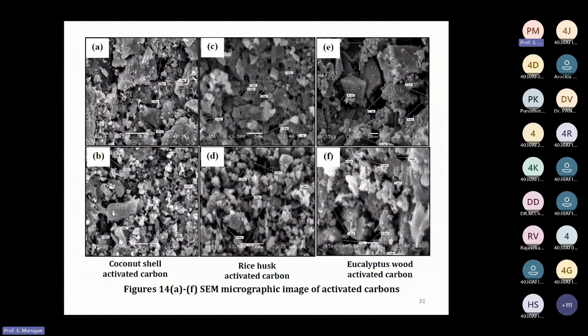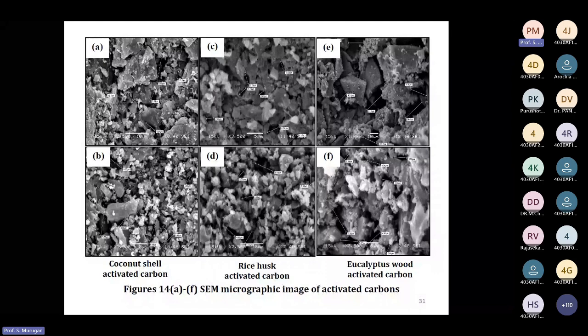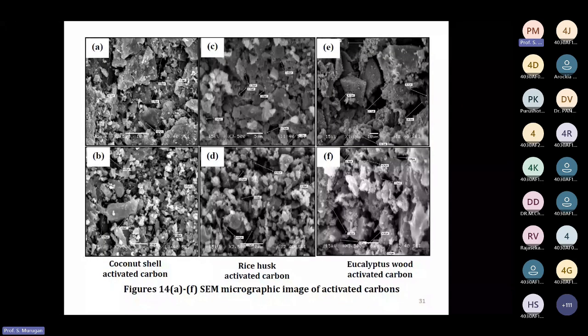In addition to that, of course, scanning electron microscope SEM images were captured for these three samples. That means before and after. Before activation means after carbonization: carbonized coconut shell, carbonized rice husk, and carbonized eucalyptus wood.